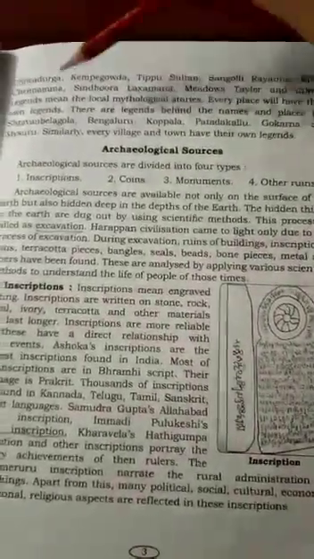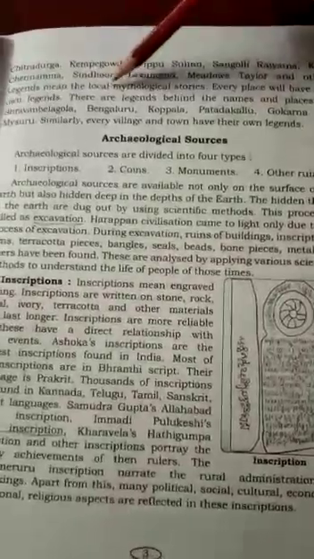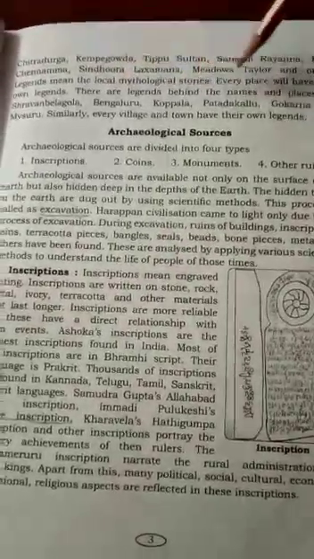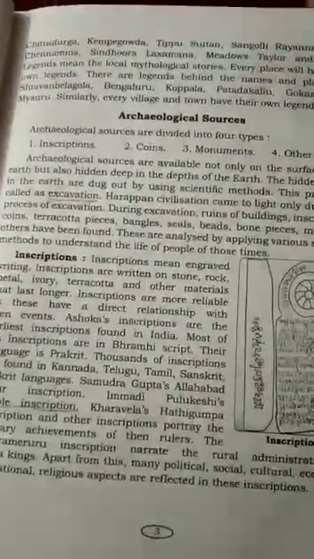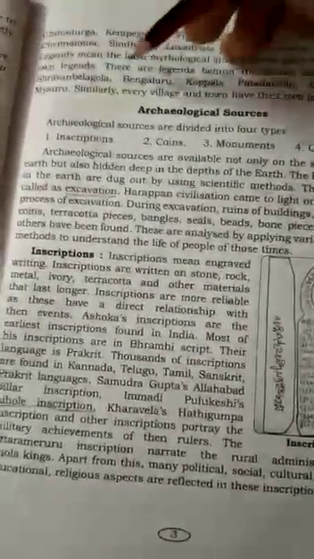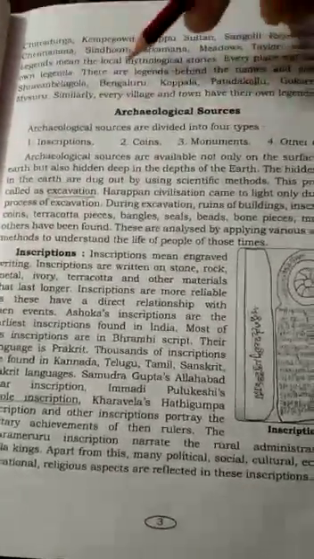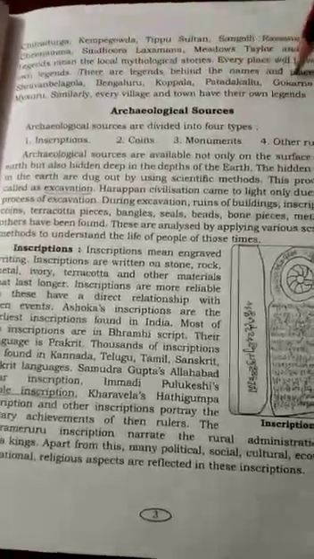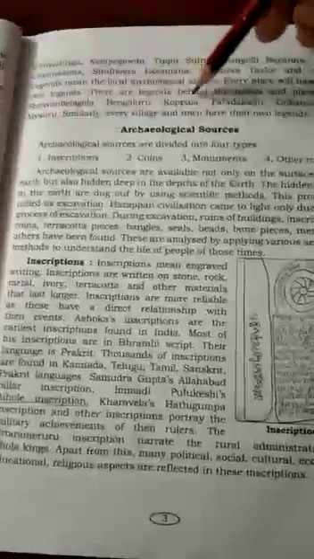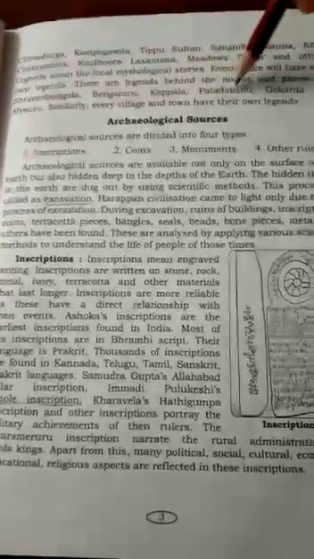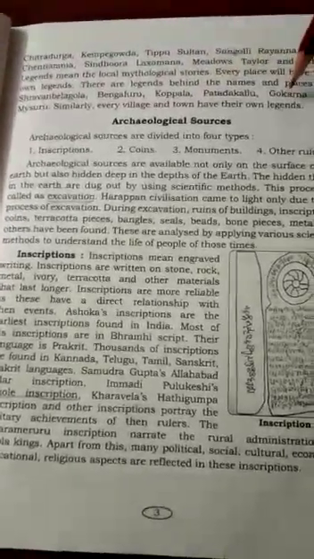Legends mean the local mythological stories. Every place has its own legends. So they used to tell tales. For example, there are legends behind the names of places like Shravanabelagola, Bengaluru, Koppala, Pattadakallu, Gokarna, and Mysuru.